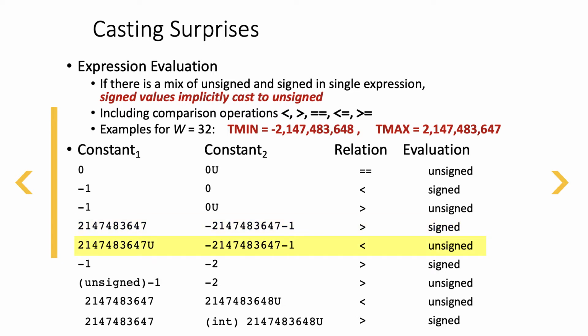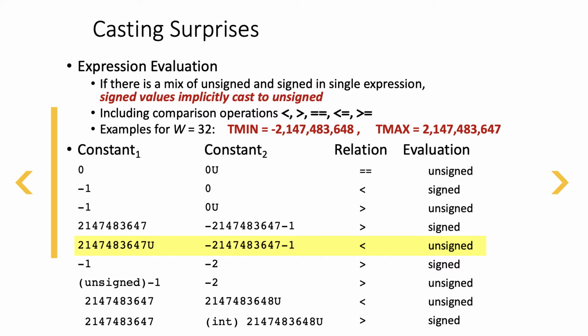However, if we have the T max value in constant 1 declared as unsigned, then both get cast over to an unsigned value, and that's actually going to end up being less than T min - 1, because again, that's going to get cast to a positive value. It's going to get cast to unsigned, and so that large negative weight becomes a large positive weight, and constant 2 ends up being larger than constant 1.